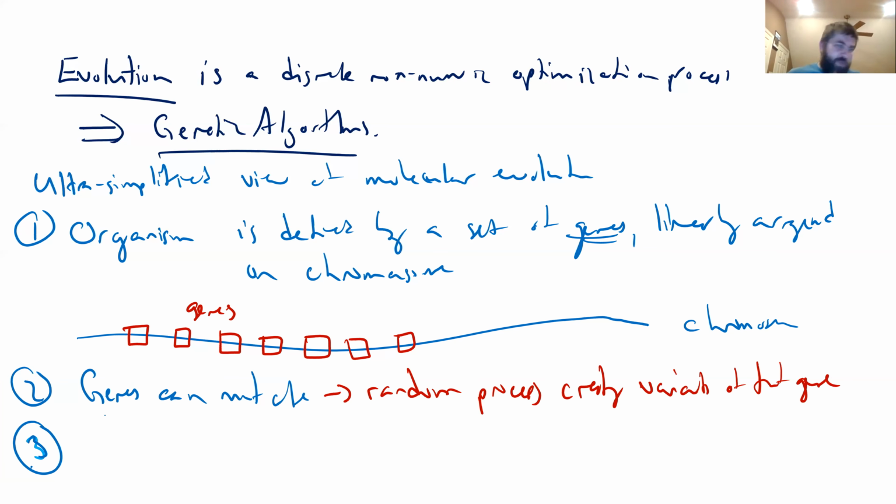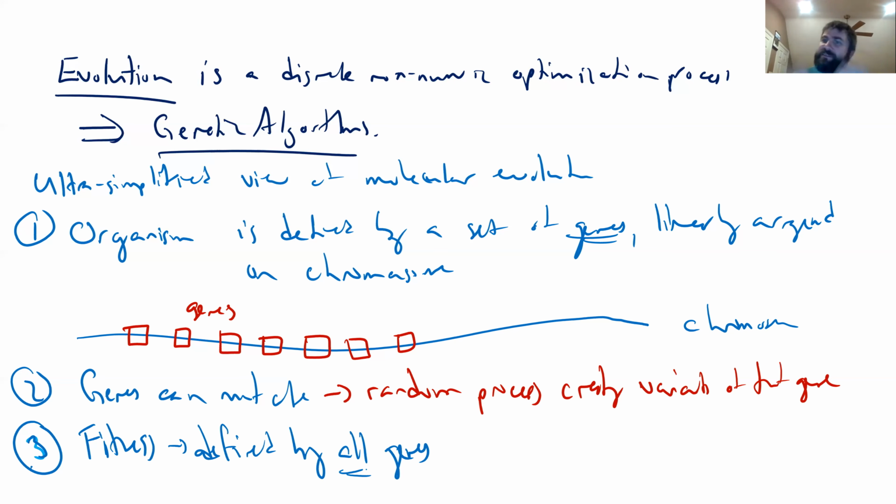The third component is a question of fitness. Fitness is a concept defined by all genes.